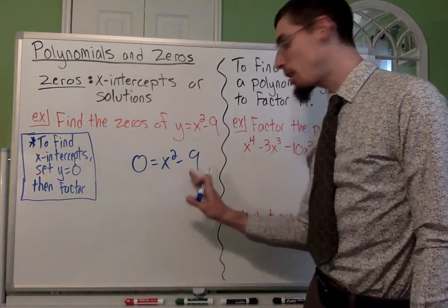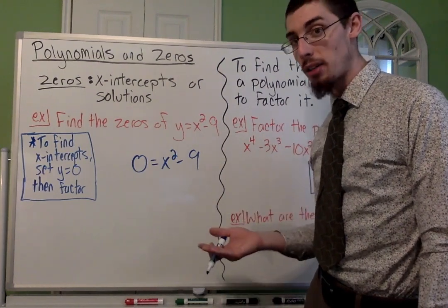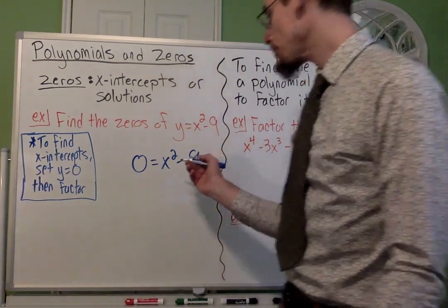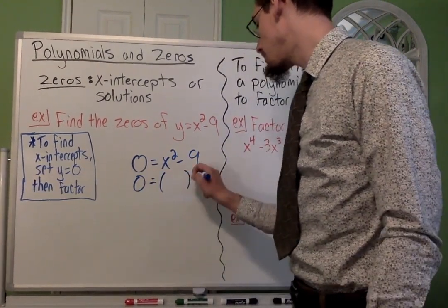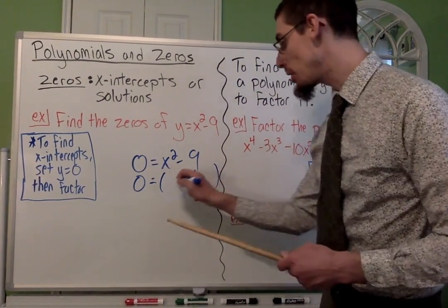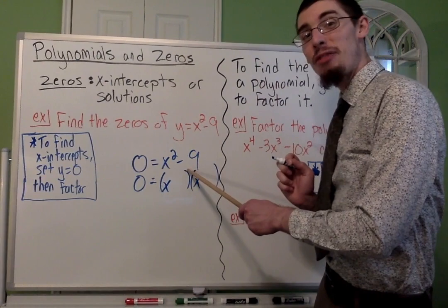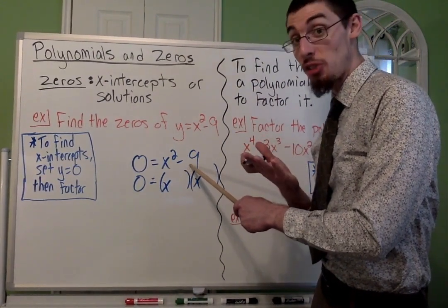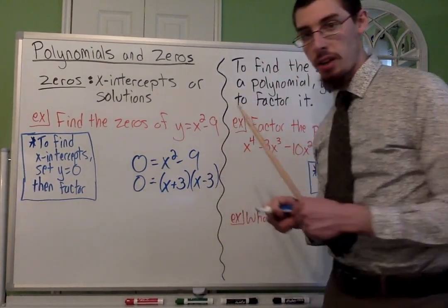Now, x squared minus 9 just so happens to be the difference of squares. So, I can factor it. X squared is going to come from x times x. And negative 9, well, that's 3 squared. So it would be plus 3 minus 3.